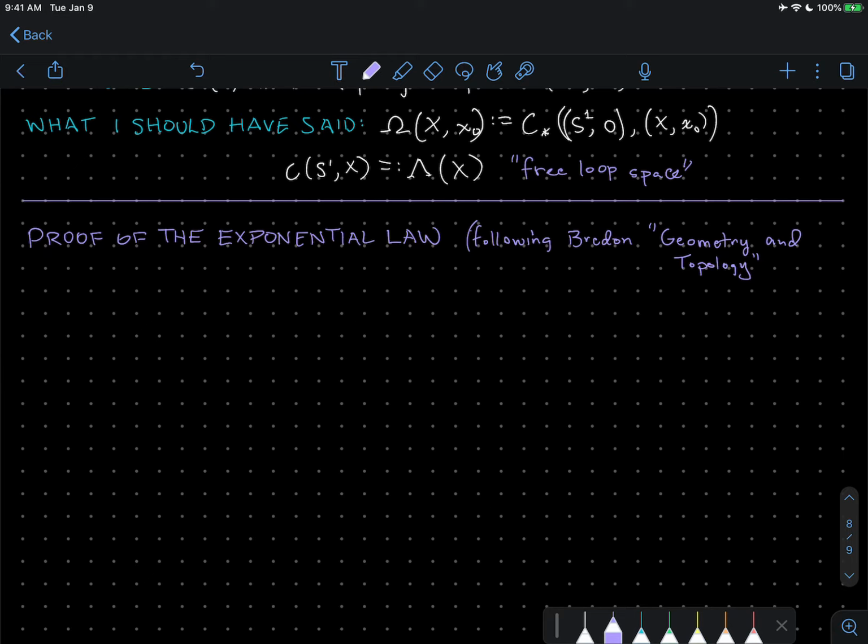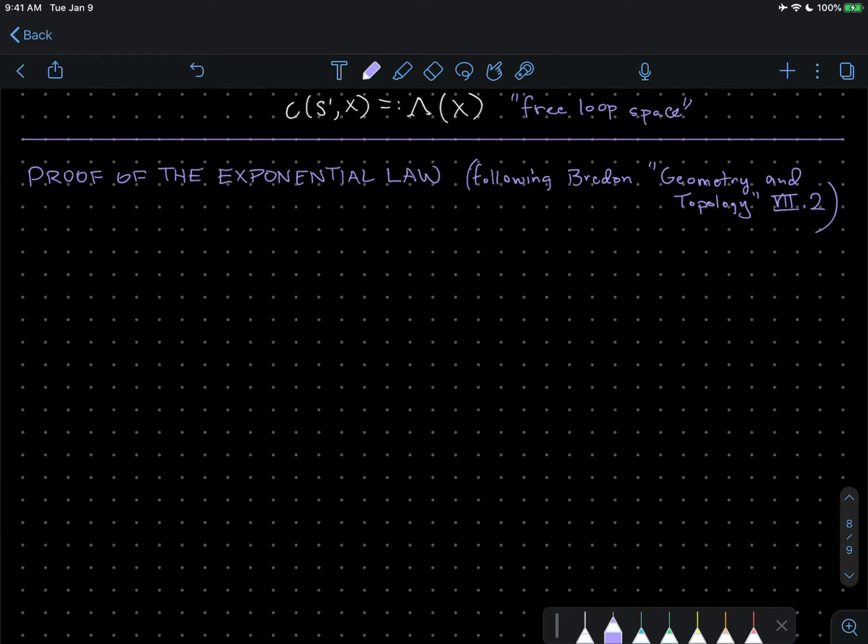It's Chapter 7, Section 2. And let's remember what the statement of this exponential law is. I'm going to phrase it slightly differently from how Bredon phrases it.